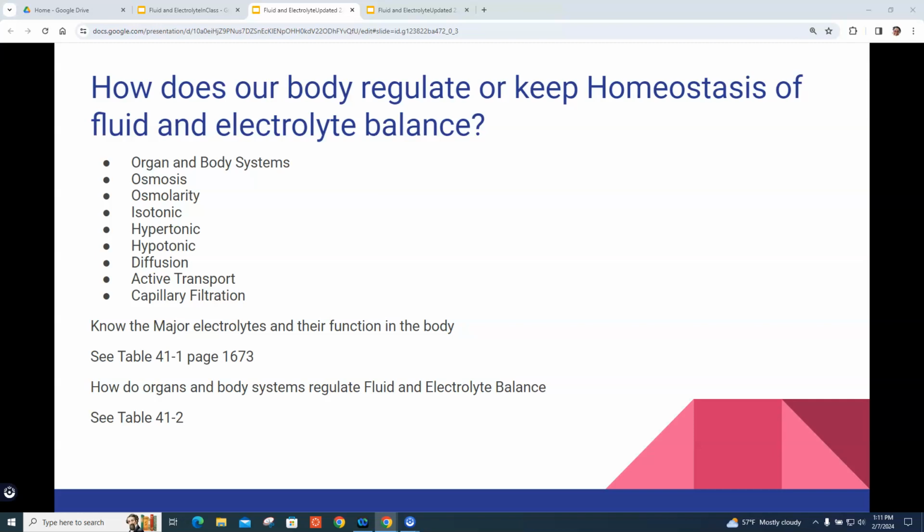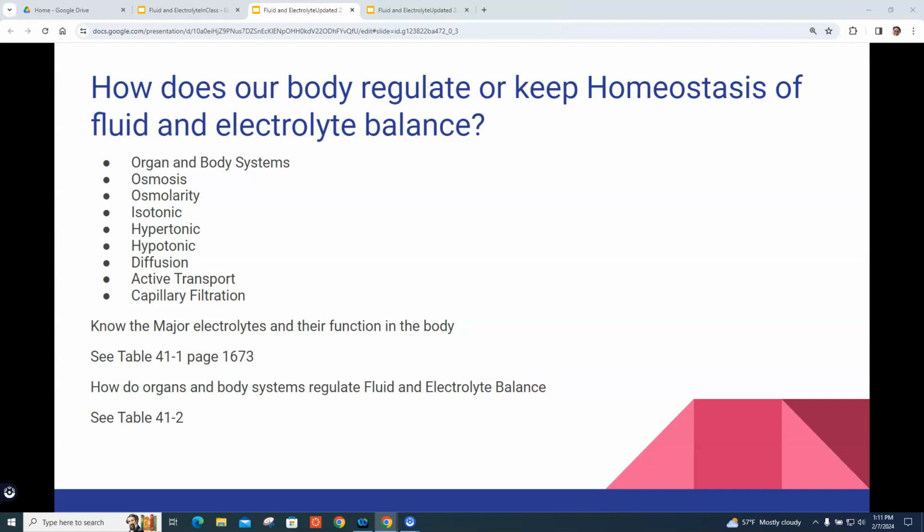So a serum electrolyte, so serum potassium, serum sodium, serum calcium, what that's telling you is the lab value of the amount of the corresponding electrolyte found in the blood, which has a high and a low end, and anything below and anything above is hypo or hyper.